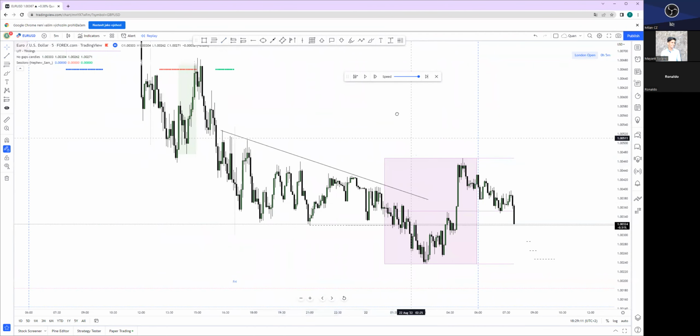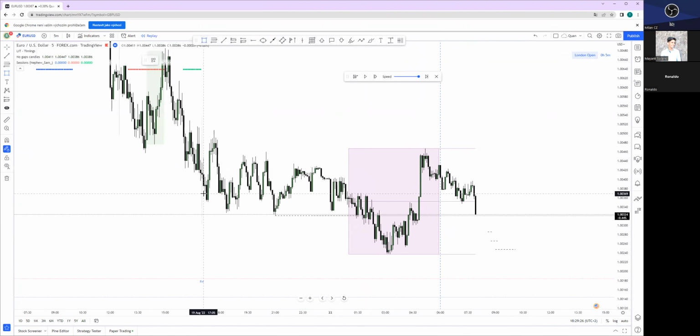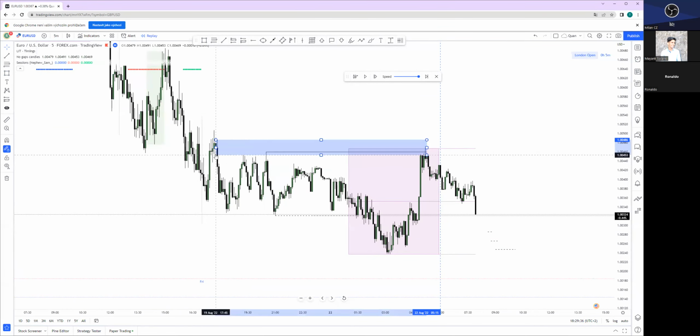We had a build up, and Asia was trying to sweep the liquidity, or it swept most of the liquidity, right? Just to sweep the slit point, and also mitigating this, completing order flow, right?